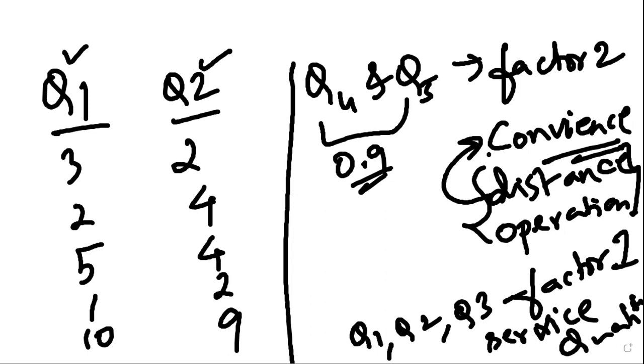Between question number 1 and 2, there is a correlation of 0.987. Similarly, between question number 1 and question number 3, there is a correlation of 0.801, and so on. The rest are all negative, or no correlation is found, so we are not considering them for our analysis. So this is basically factor analysis.